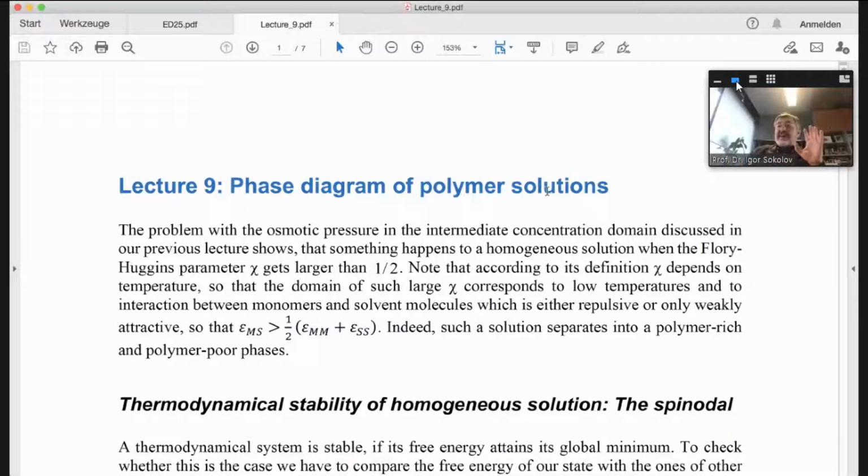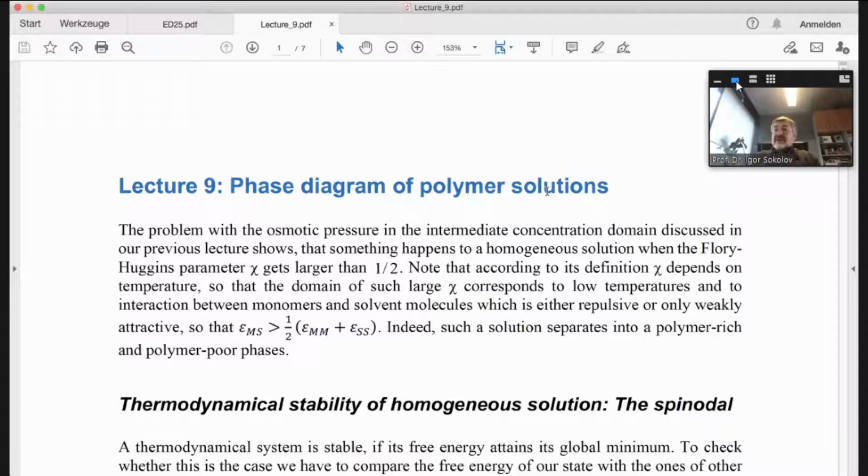We will discuss what really happens there in a semi-dilute regime a little bit more during the tutorials. But one unpleasant thing we have already seen.